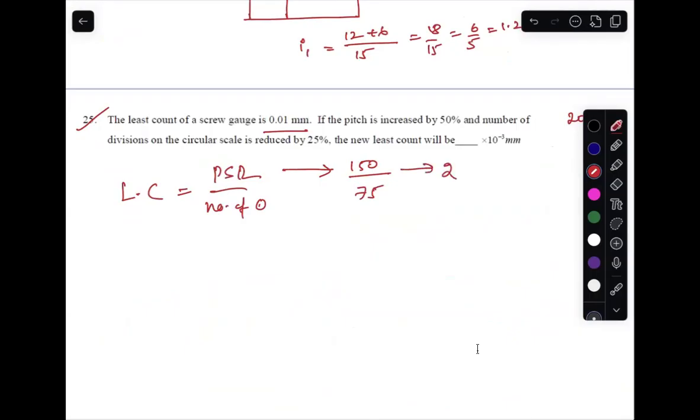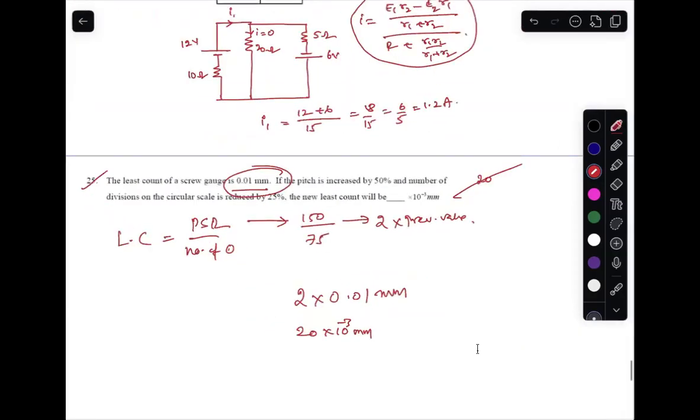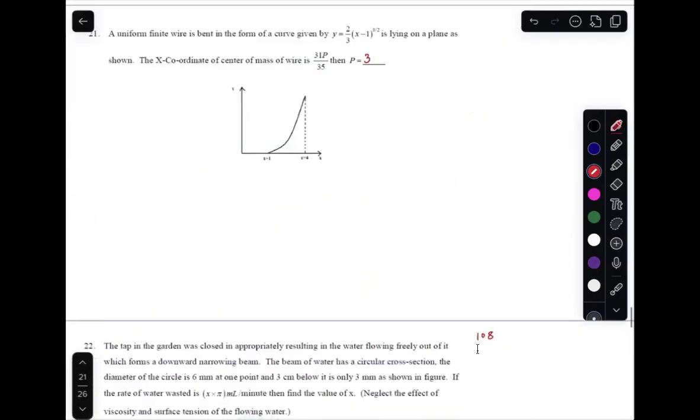So least count becomes 2 times of the previous value. Previously, you have given this much, 2 into 0.01 mm. This can be written as 20 into 10 power minus 3 mm. Correct. Fine, good. My flow is absolutely fine.